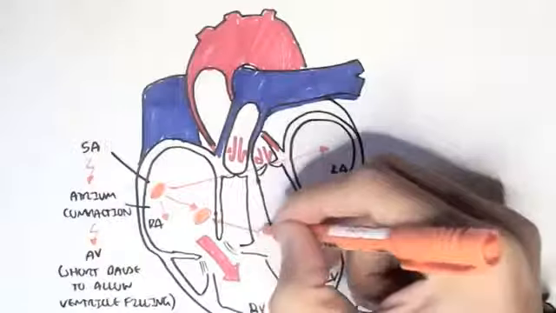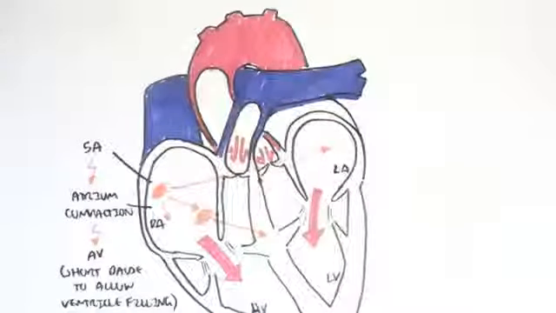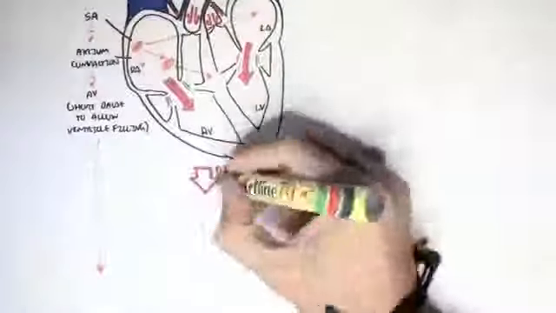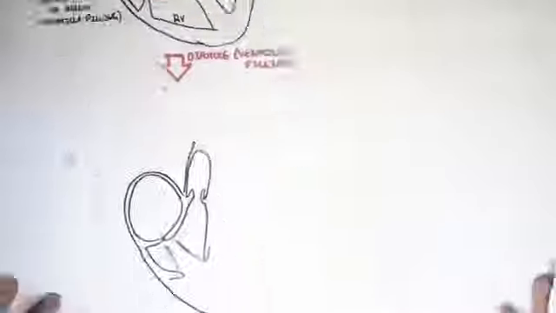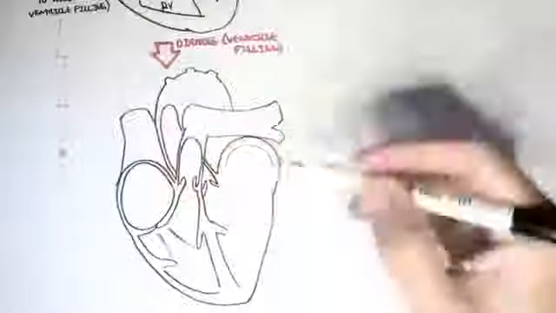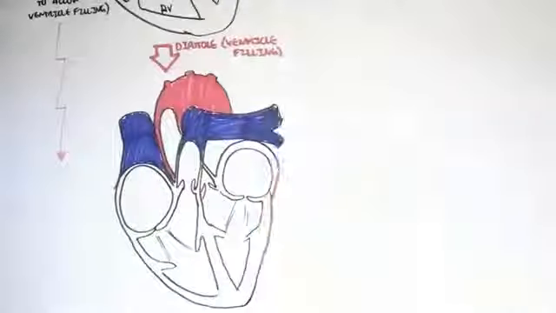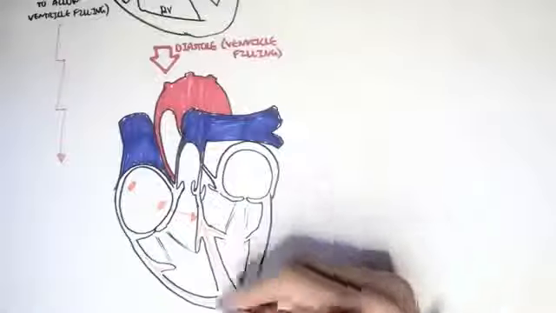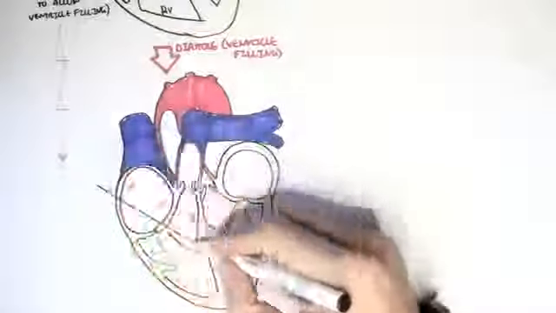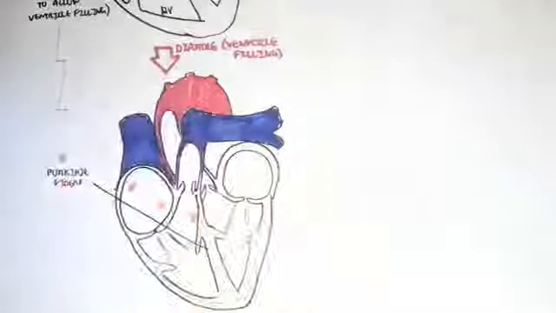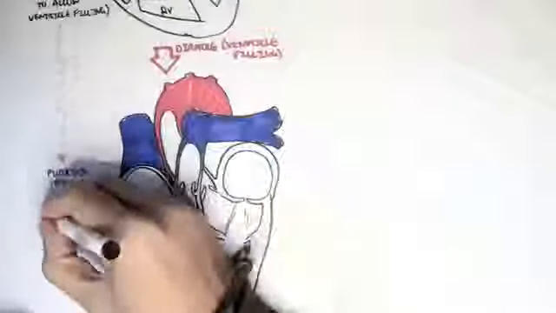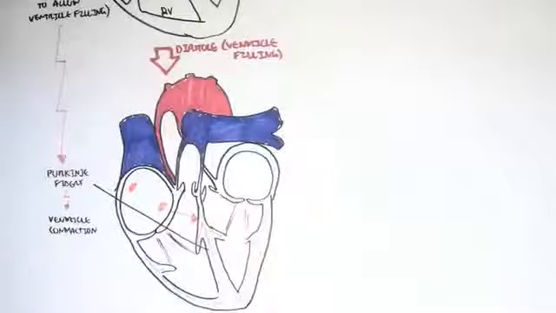The impulse coming into the atrioventricular node will pause for a while to allow the ventricles to be fully filled up. From the atrioventricular node, the impulse will travel essentially to the Purkinje fibers, which will then cause the ventricles to contract, to eject blood out of the heart. So it will cause the right ventricle and the left ventricle to contract to eject blood out of the heart.